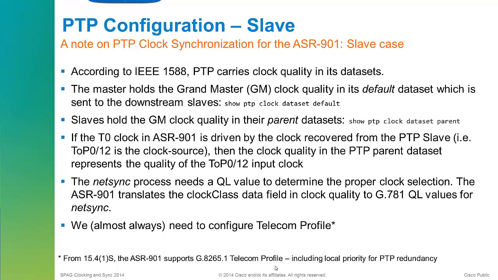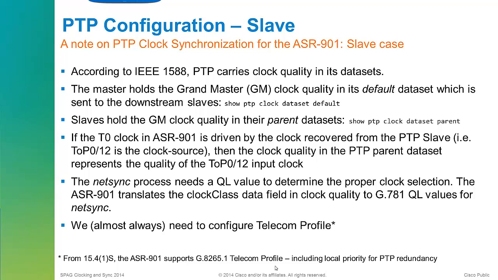I won't touch on this too much, but according to 1588, PTP carries clock quality in data sets, and there are various data sets. So what happens then? The Grandmaster has a set of data. It's called a default data set, and it sends its data down to the slaves, and when the slaves receive that, they call it the parent data set.